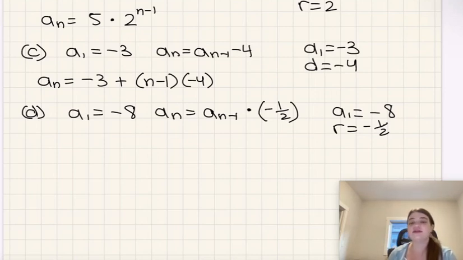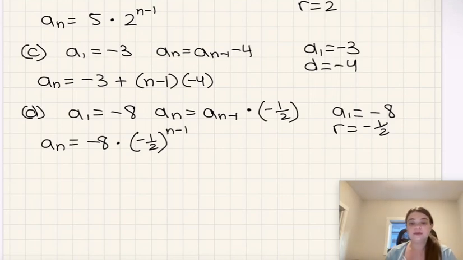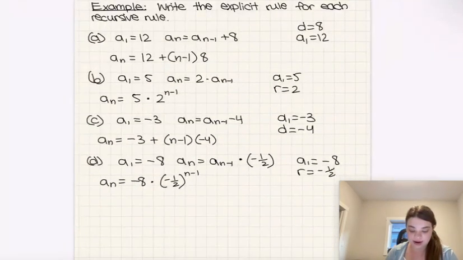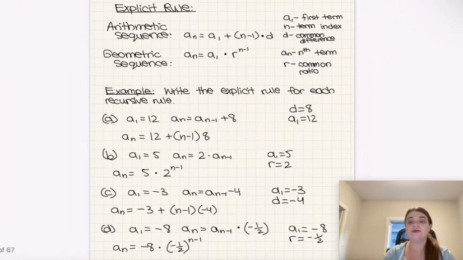Negative a half to get the next number each time. So the answer is the first term, negative 8, times the common ratio to the power of n minus 1. And there we go. Those are 4 examples of writing the explicit rule when given the recursive rule.